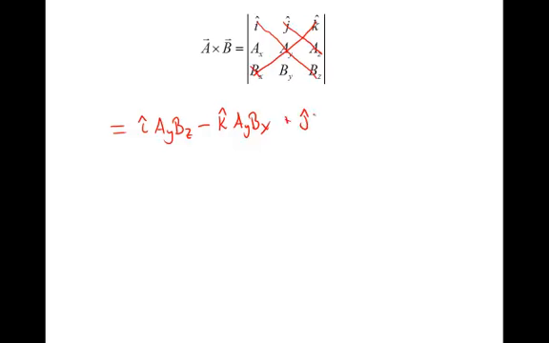So plus j hat AZ BX, and minus, going this way, j hat AX, and then that wraps around here, BZ. And then the only thing that is left is k hat AX BY, and then minus, starting here, wrap around like that, minus i hat AZ BY.